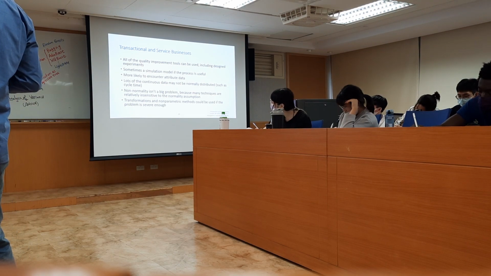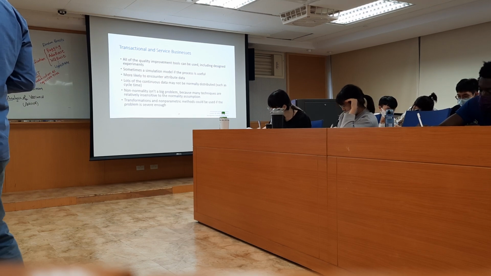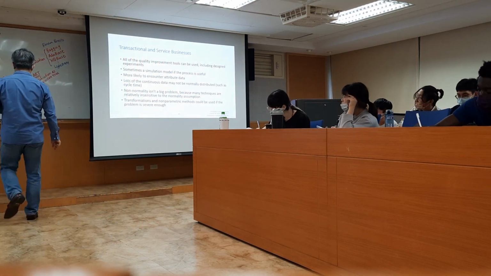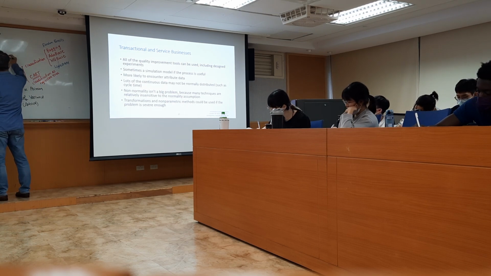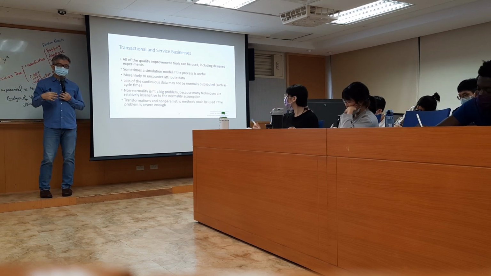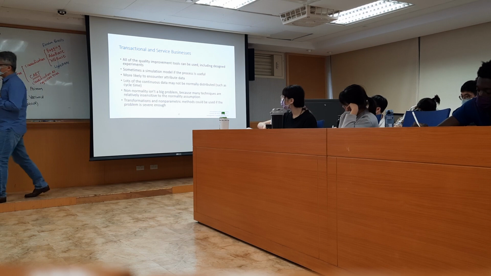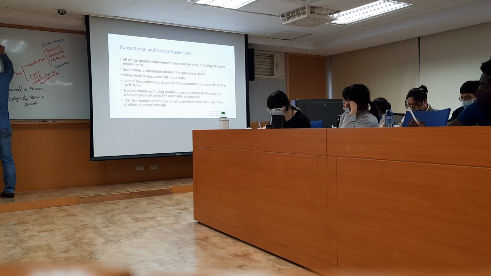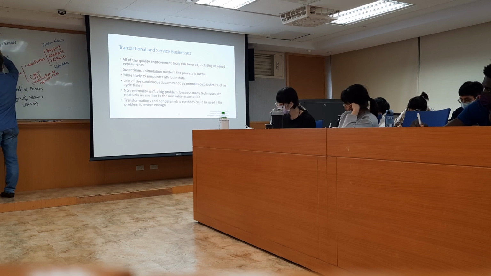Then transformation and a non-parametric method can be used if the problem is severe enough. We can do the transformation, y star equals original y to the power alpha, to transform the original variable and make it follow closely a normal distribution. And non-parametric is called the ranking method.